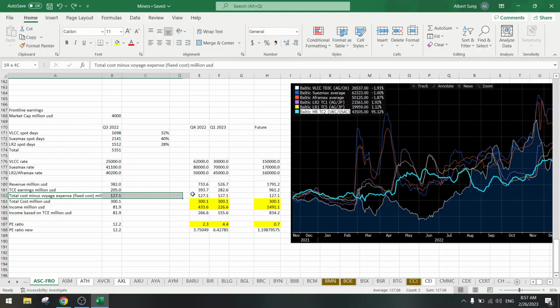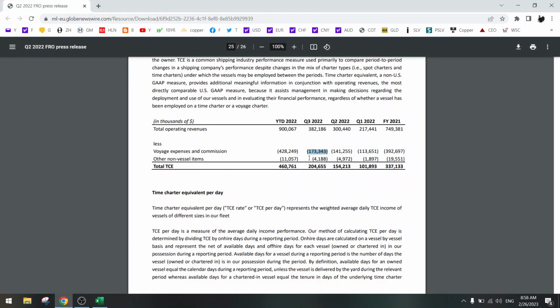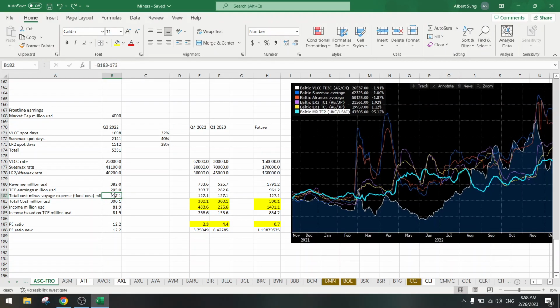and fixed costs. And this is minus 173 because I reduced the voyage expenses. Yeah, probably I should deduct this as well. 177 then. What happens when I do this?